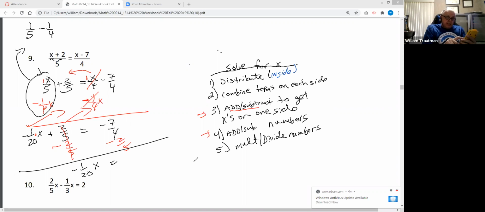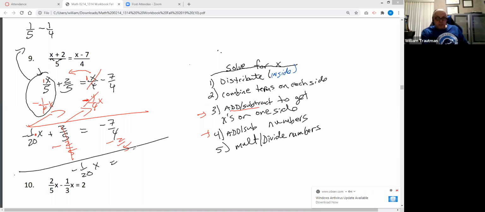On my calculator, negative fraction, subtract fraction 2/5.